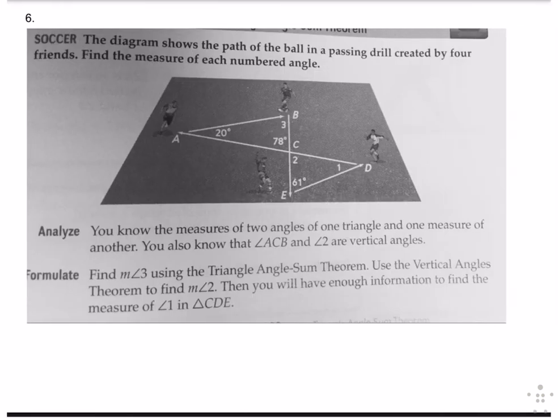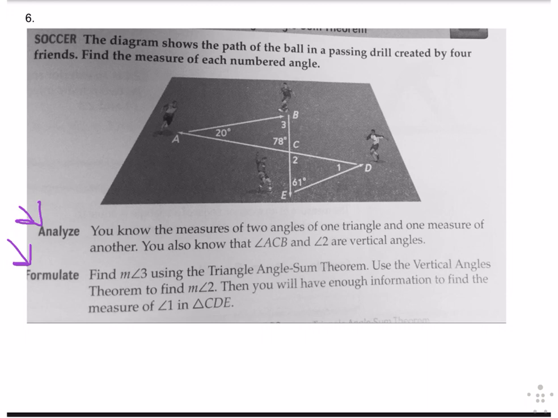Number 6. Here, this goes step by step. These two points go step by step to tell you how to solve this one. Let's go ahead and look at it. We're basically finding the measure of angles 1, 2, and 3. It says you know the measure of two angles in one triangle and one measure of another.